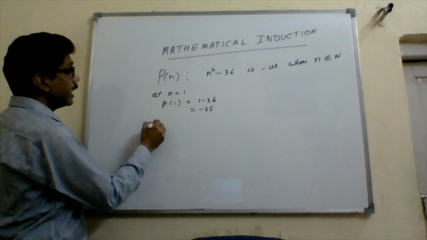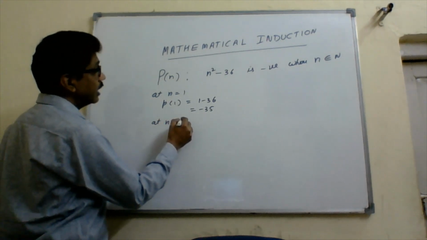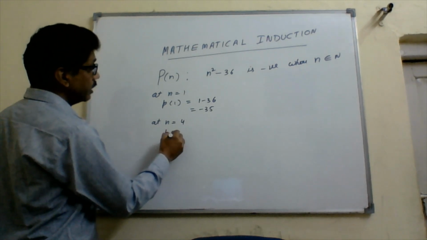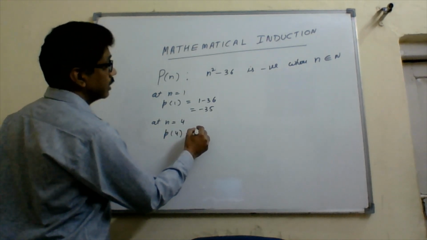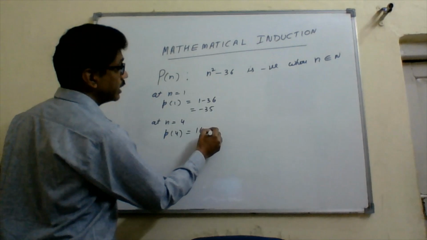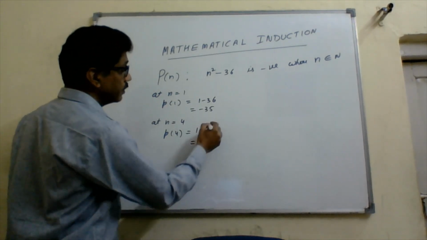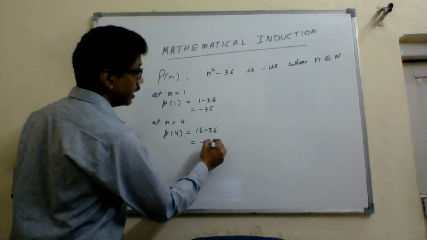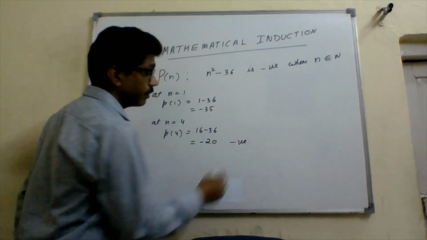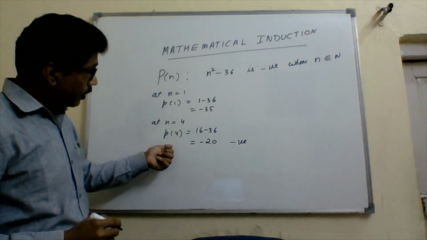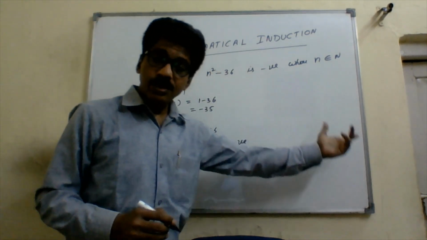Now let us consider another natural number, let's say n is equal to 4. Again P(4) is equal to 16 minus 36, since 4 square is 16. So again it gives you minus 20, negative. That means for n is equal to 4, this statement is true.